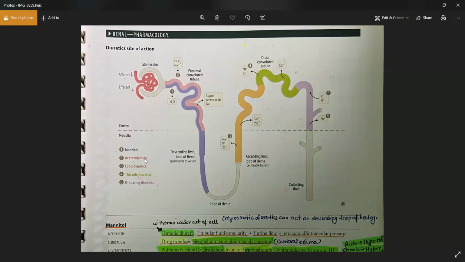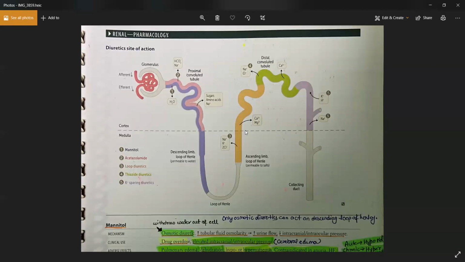Second is acetazolamide, which acts on the PCT, inhibiting carbonic anhydrase, and as a result, I cannot have bicarbonate formation. I cannot have the reabsorption of bicarbonate and sodium, so it will be lost in the urine. Third is the loop diuretics, inhibiting the sodium potassium chloride pump. As a result, I cannot reabsorb the sodium, potassium and chloride and they will be lost in the urine.